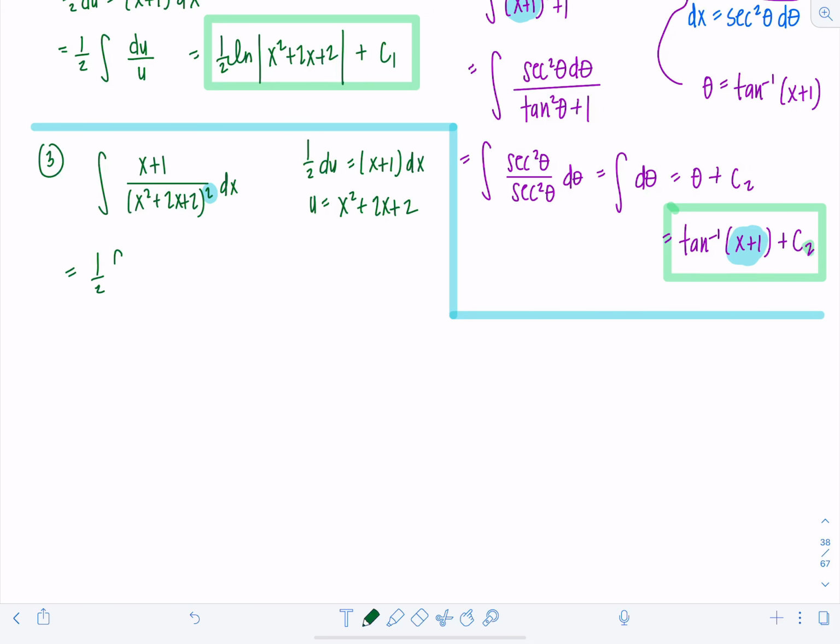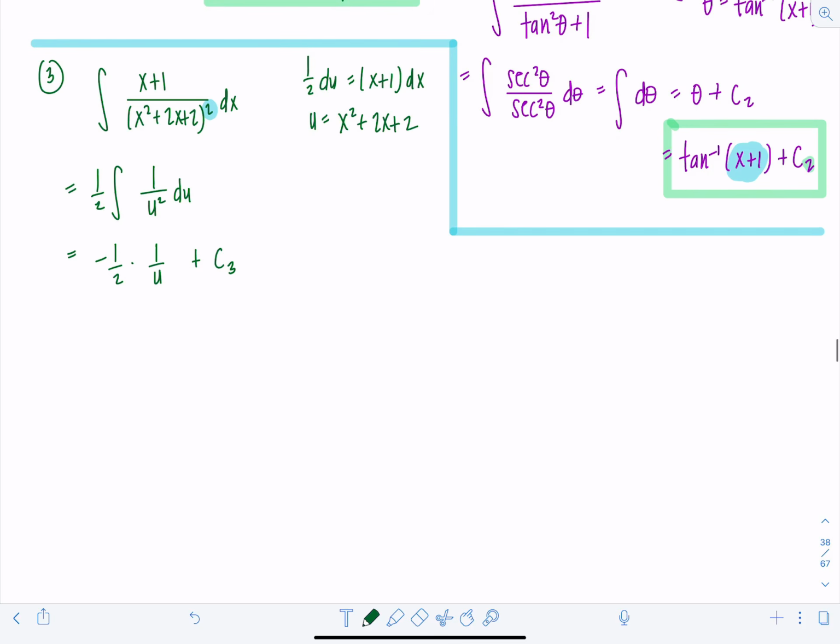We have 1/2 integral 1 over u squared du. So antiderivative is going to be negative 1 over u, correct? So I have negative 1/2 times 1 over u plus c3. And then u was x squared plus 2x plus 2. So I have negative 1/2 times 1 over x squared plus 2x plus 2 plus c3.